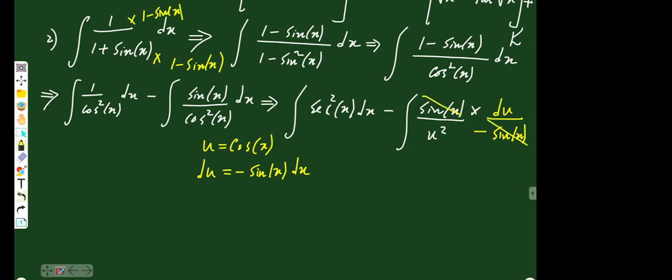So these two are gone. Then this is going to be tan x, and minus becomes plus, right? This is going to be 1 divided by u squared du.